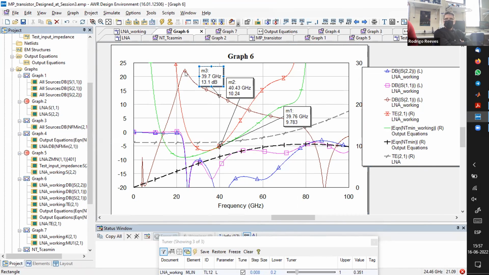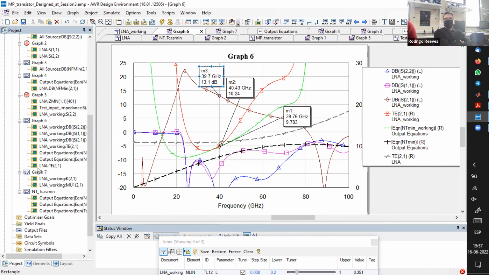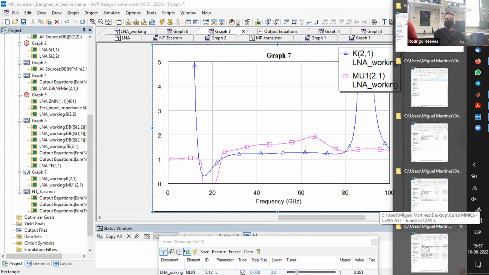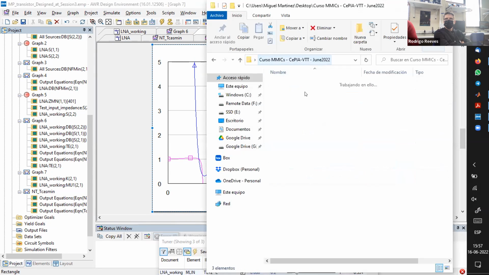Also in the stability factor simulation, we can see that it is unstable. Around 20 gigahertz we have a problem in the stability. Most probably if we did it this way, we would have an oscillation at 20 gigahertz in measurements.